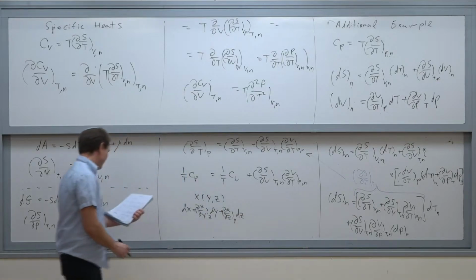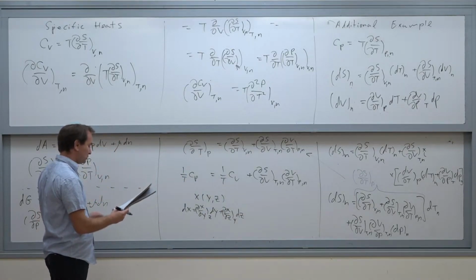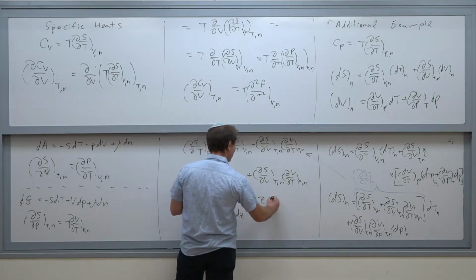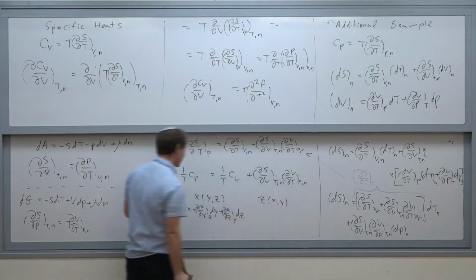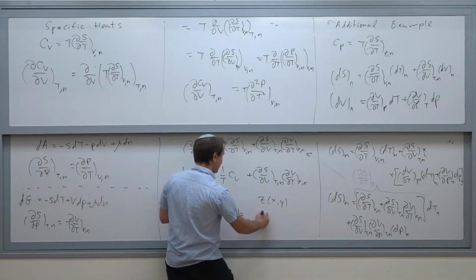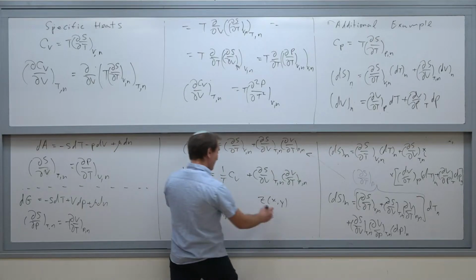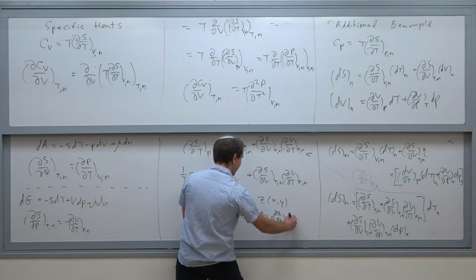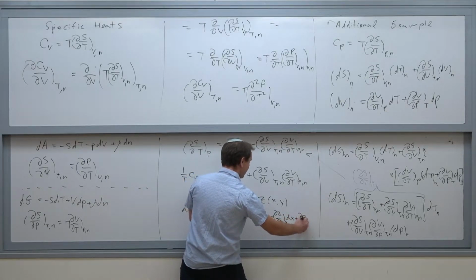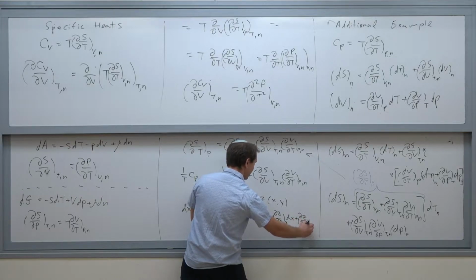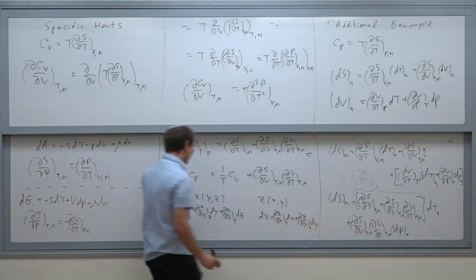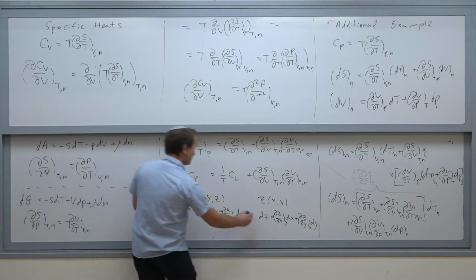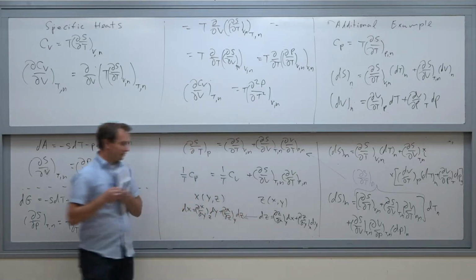Right? This is a simple transformation. But we can also express z as a function of x and y, so the differential of z is dz dx constant y dx plus dz dy constant x dy, okay? And we take this dz and substitute it over here.